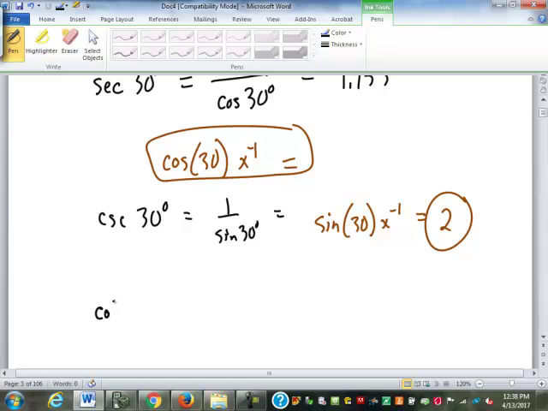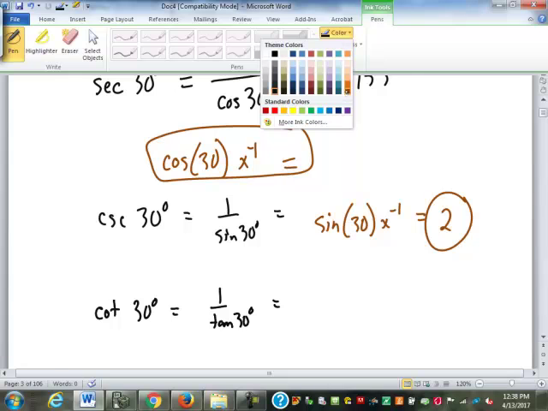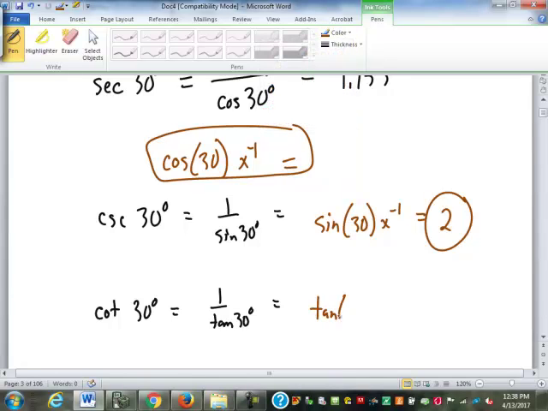And cotangent of 30 degrees is the reciprocal of tangent. Again, we did that as tangent 30, close the parentheses, x negative 1, which gave us 1.732.